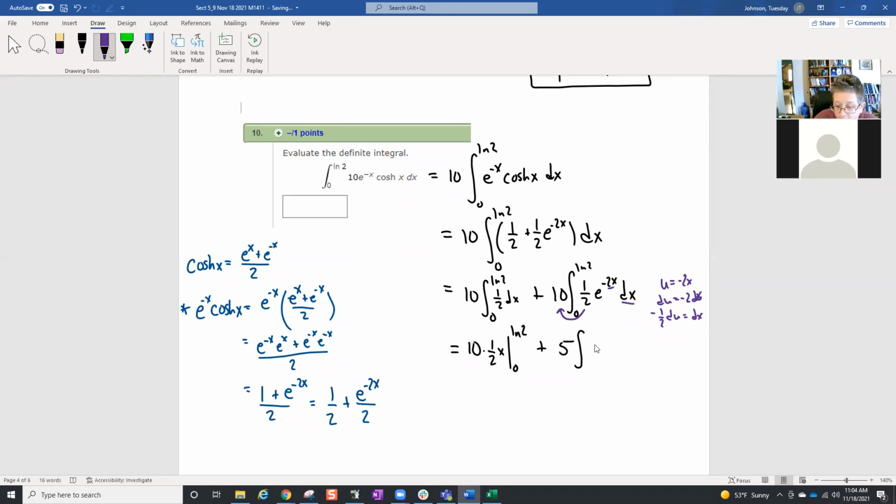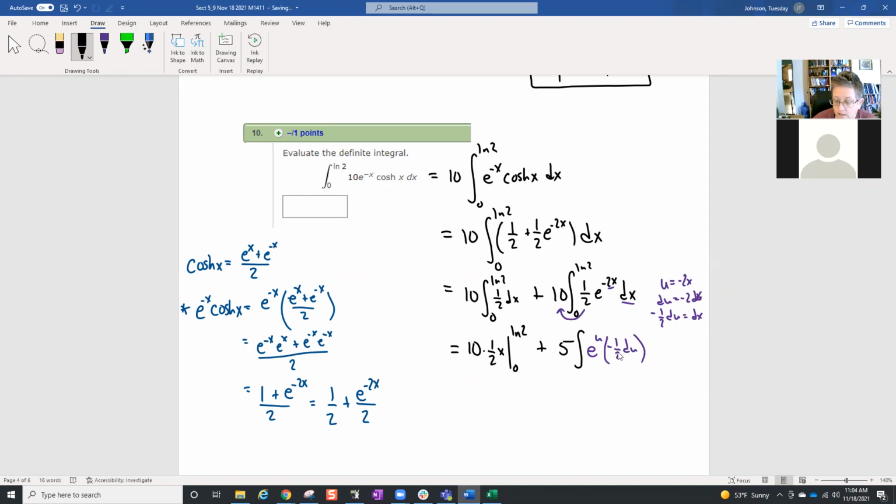So I have 5 e to the u times a negative 1/2 du. All right. Simple, not easy, simple substitution that we might have had in an earlier section. This would have been before the inverse trig stuff.